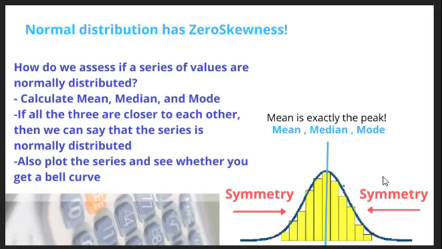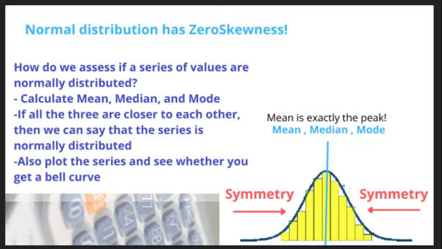For example, let's say the mean height of the entire population in the world is 5.2 feet. Then 50% of the population will be higher than 5.2 and 50% will be lower than 5.2. So there is a symmetry, right? Those are the key properties of normal distribution.